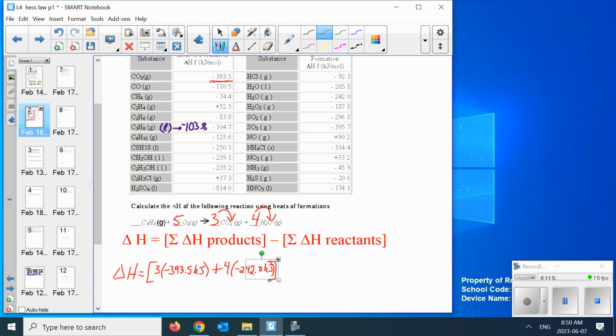Now, the reactants. I'm going to put a minus sign in there. Start a big fat square bracket. Add up the reactants. I have one group of C3H8. And I changed the gas one when I typed over the original: negative 104.7. So I'm going to just put that in there as negative 104.7. I don't need to say times 1.